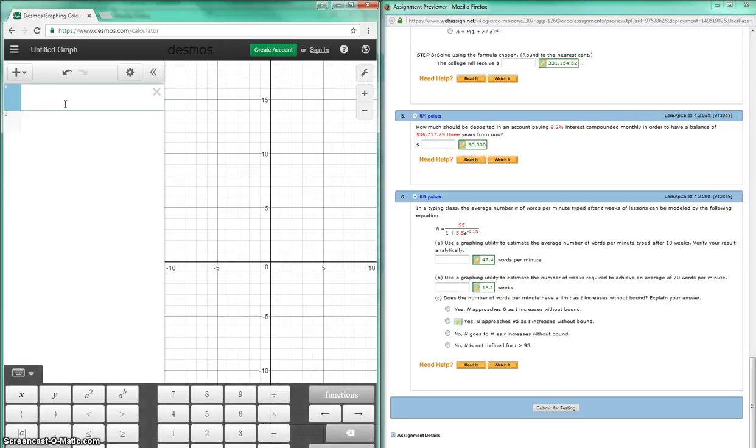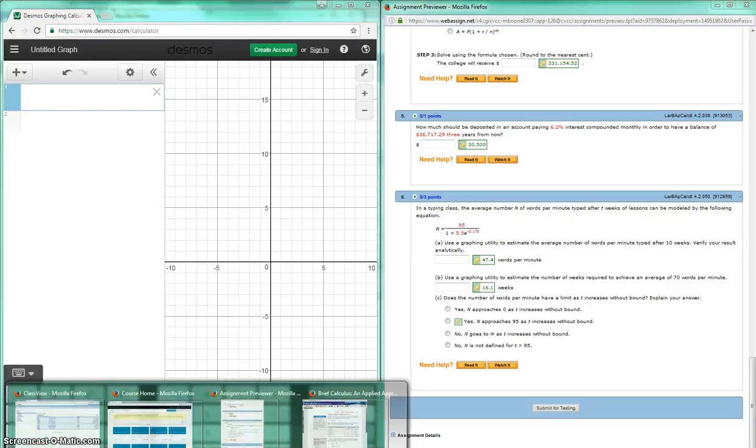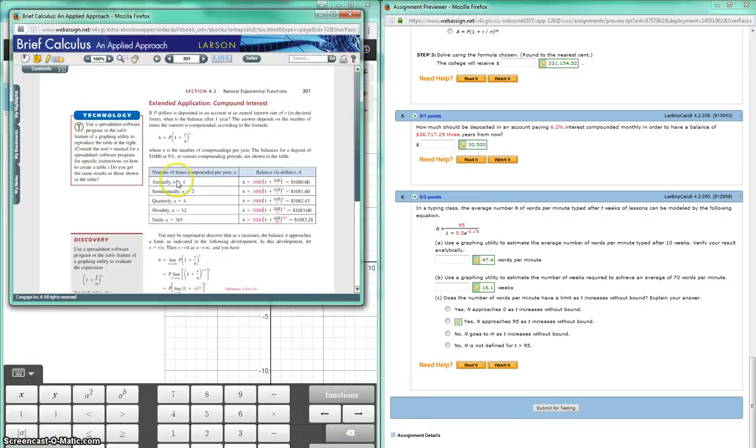Let's reference that formula again because I've already forgotten it. The total amount that you have after a period of time is your principal amount times the quantity 1 plus your rate over n, the number of times that it's compounded in a year, raised to n times t up top.